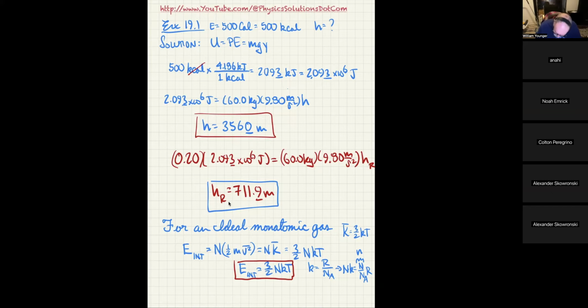So now we can see that there's yet another formula, and that other formula is E internal is equal to 3/2 n times R times T. So that's the internal energy of an ideal gas that is monatomic. Anybody have any questions on that?